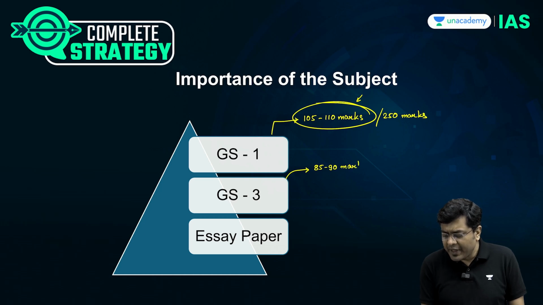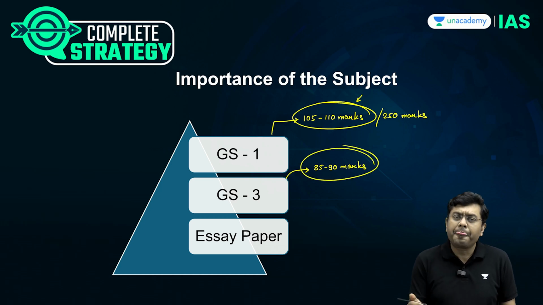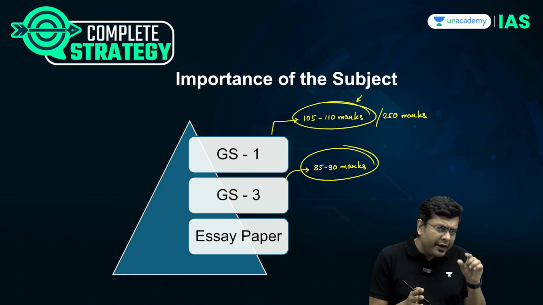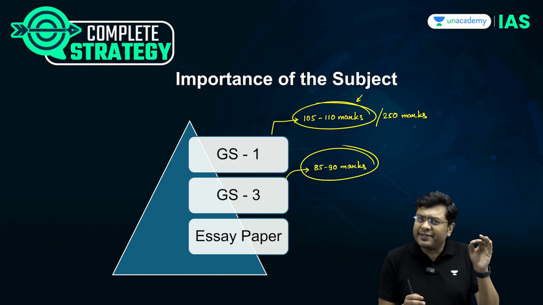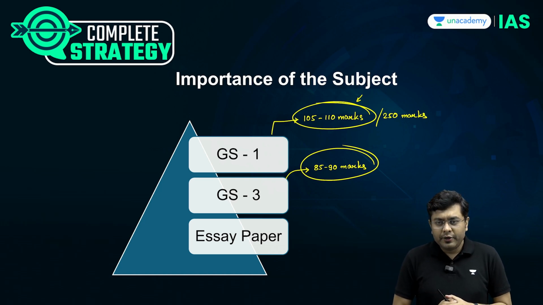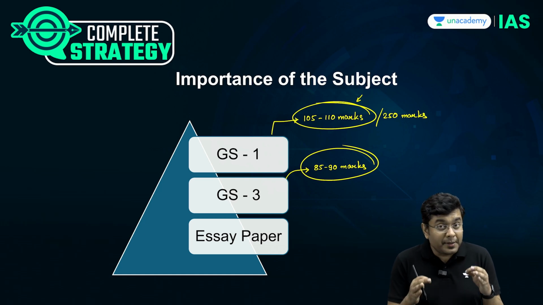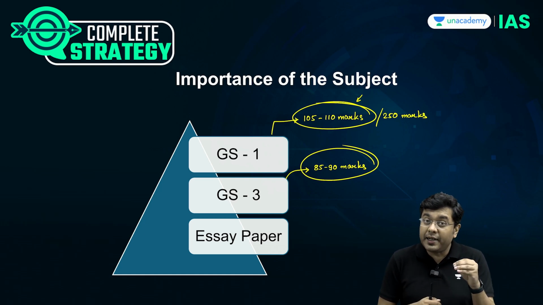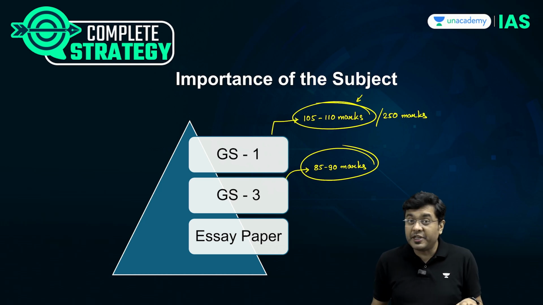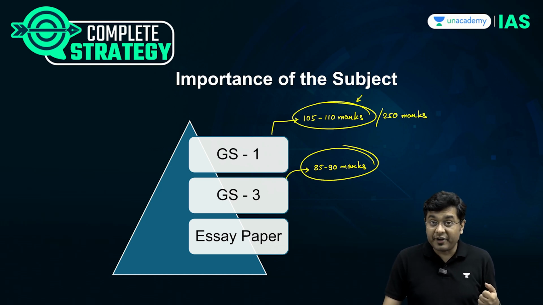And agriculture is something that you prepare with the subject of geography and also some portions of it with the subject of economy. So overall, roughly around 200 marks in the mains examination are dependent on your understanding of the subject of geography, which is quite significant.